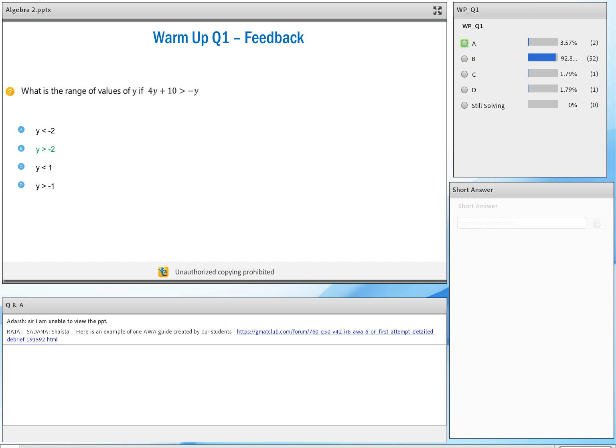We move the like terms on the same side, and then we divide both sides of the inequality by 5, and we get y is greater than minus 2, and choice B is the correct answer. There are no surprises here. Relatively straightforward. Let's now move on to question number 2.